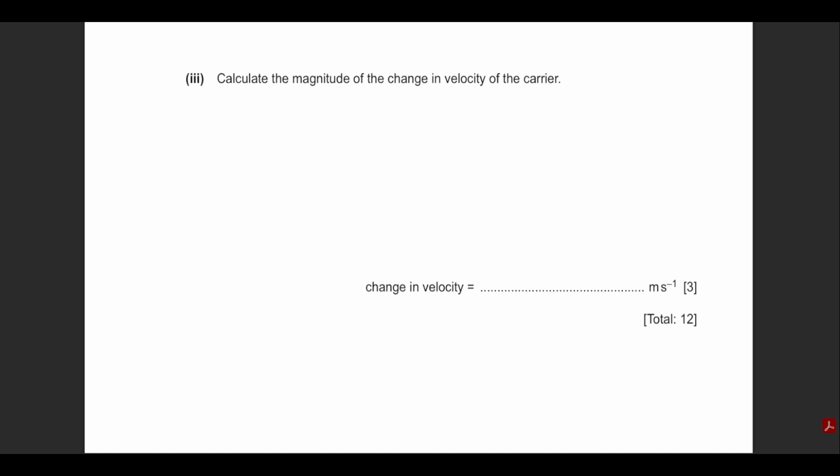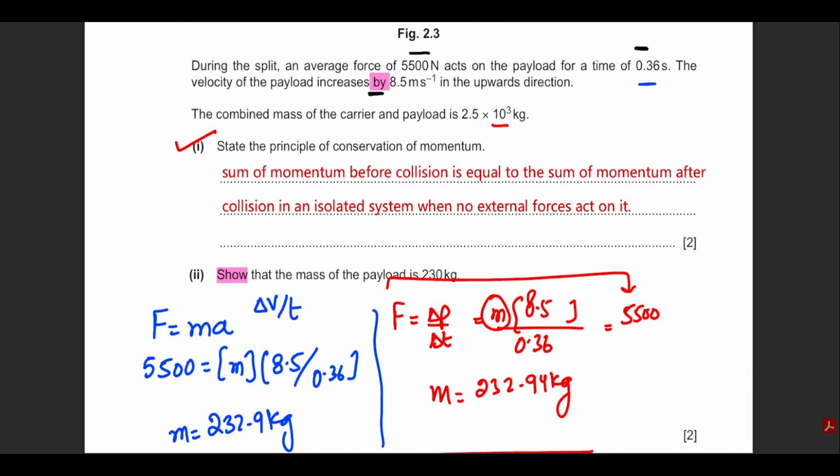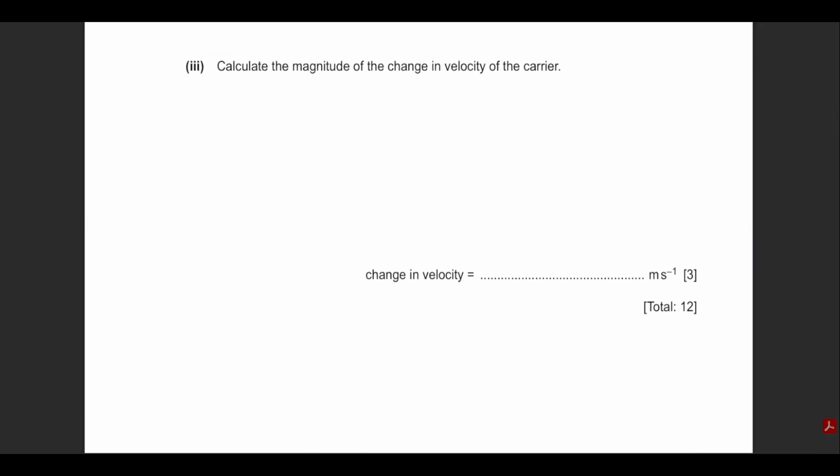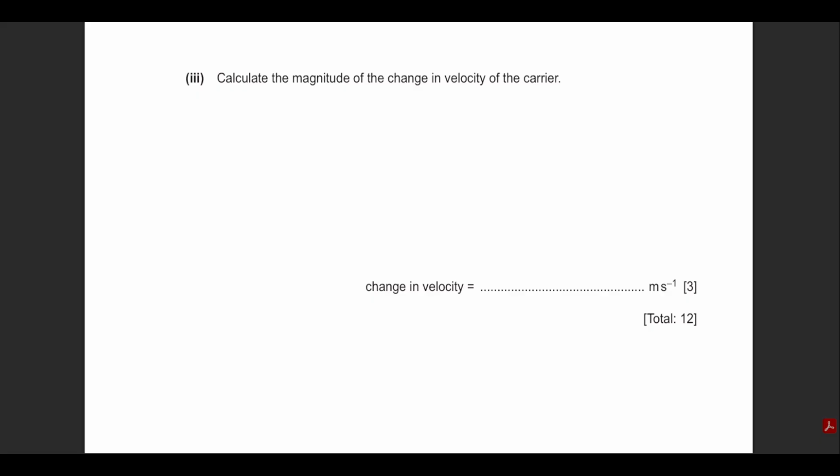Then he says, calculate the magnitude of the change in velocity of the carrier. Now in this question, the same principle is invoked, the principle of conservation of momentum. So the change in momentum of the payload should be equal to the change in momentum of the carrier. That's the logic.